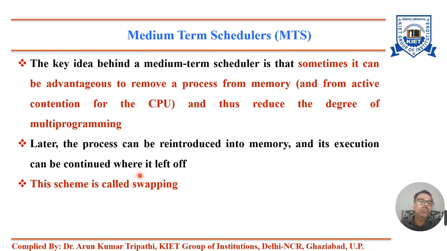This scheme is known as swapping. More precisely, it is known as swap out. There are two processes, swap in and swap out. Swap in means bringing a process from secondary memory to the primary memory, and swap out means removing a process from primary memory to the secondary memory.